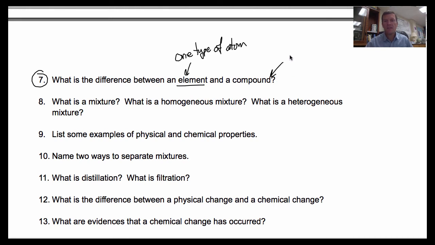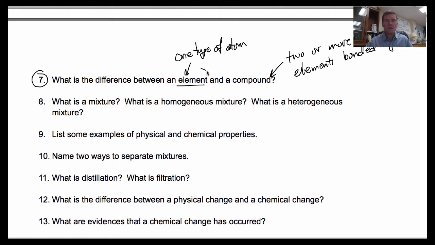A compound is a bonded unit, 2 or more elements bonded together, held together. We'll talk about how they're held together later on.